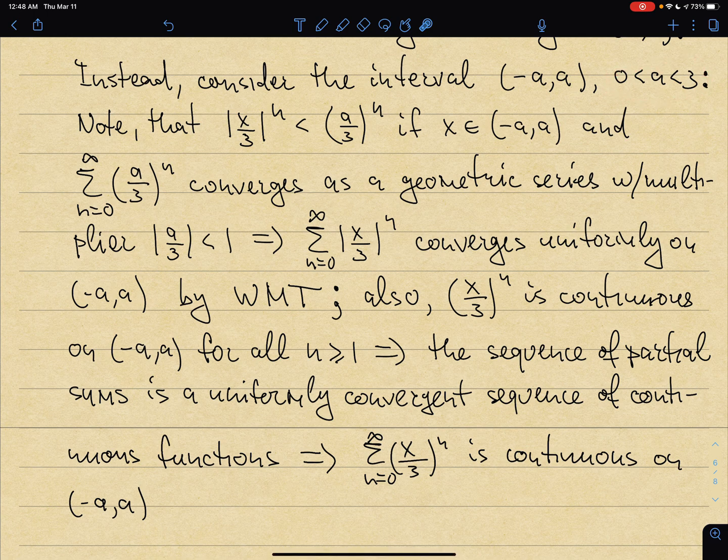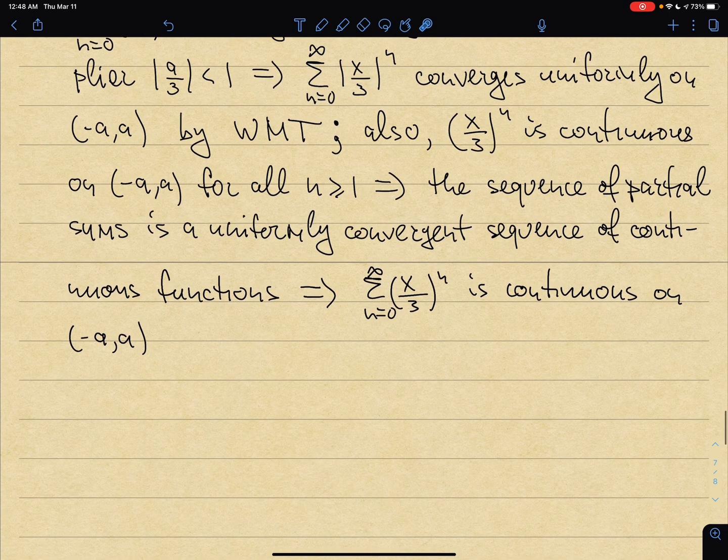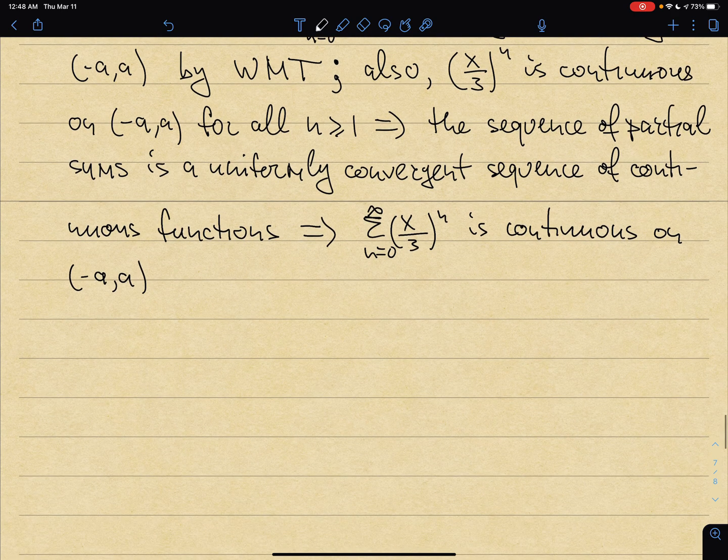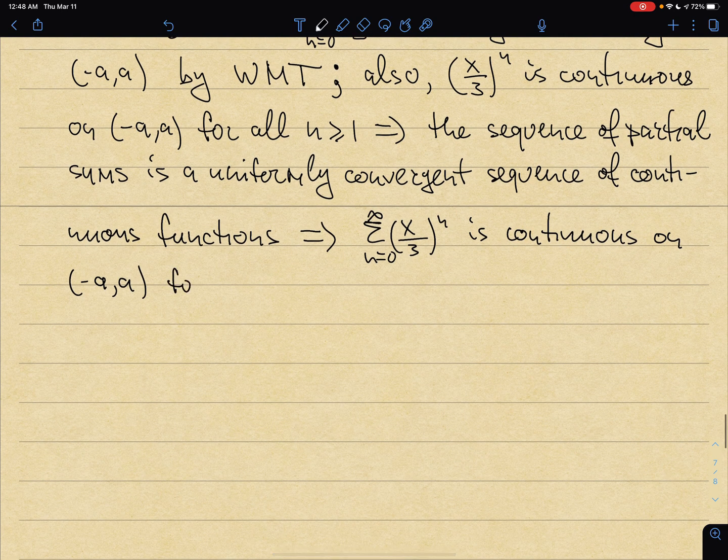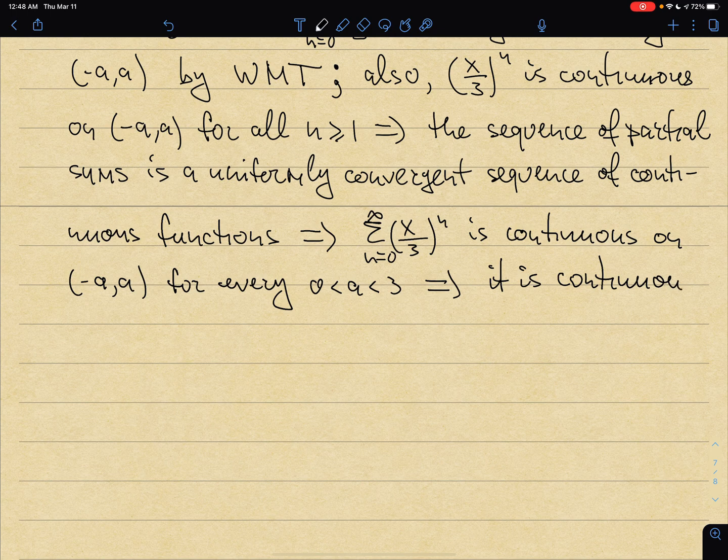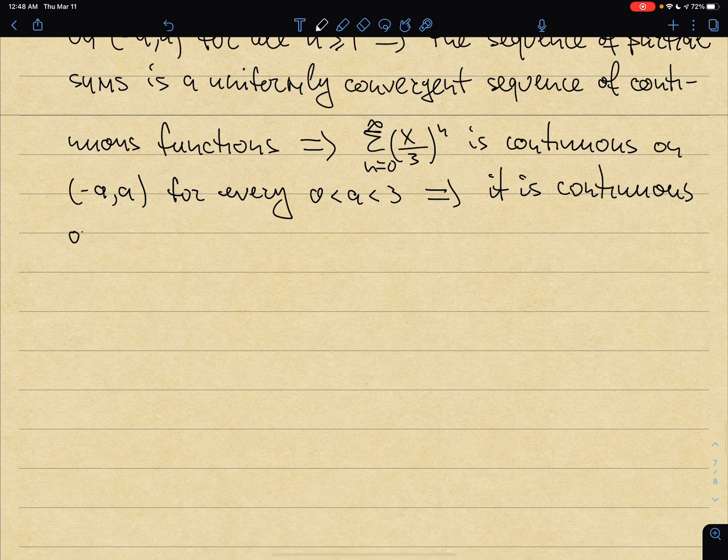A is just some number between 0 and 3, so I can make a as close to 3 as I wish. But that means it's continuous on this interval for every a between 0 and 3. And so therefore, the function is continuous on the entire open interval from minus a to a.